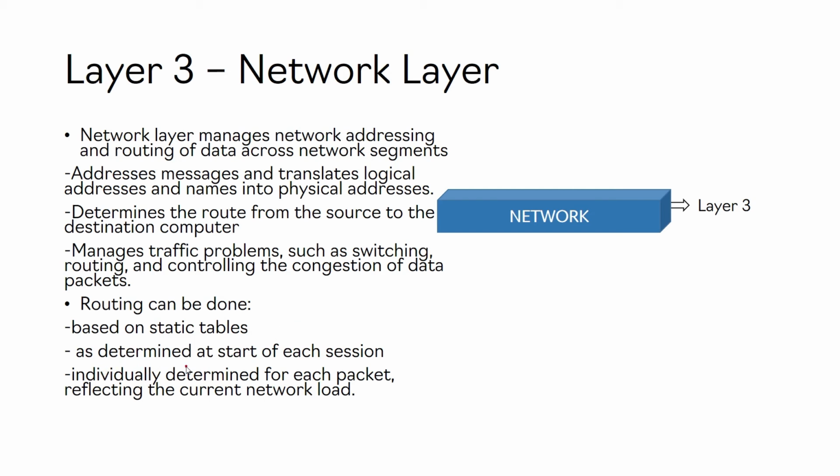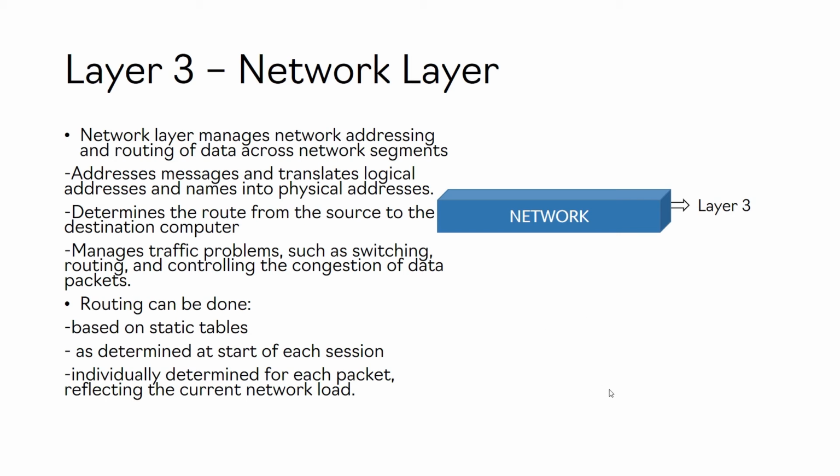It could also be such that you determine the source and destination addresses from the beginning of any session, or maybe each host on the network determines individually what the path to each destination on the network is. That's a unique function of the network layer.